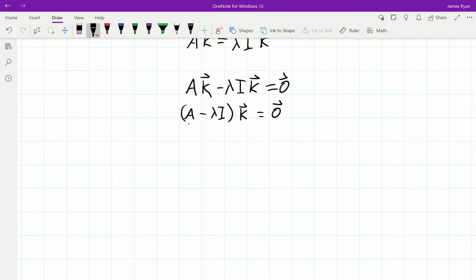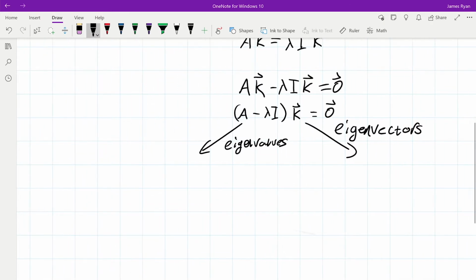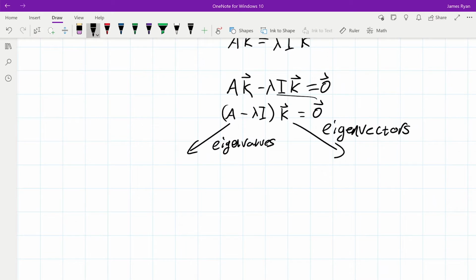And then we do two things with this. We do something with this to get the eigenvalues, lambda, and we do something else to get the eigenvectors, which are k's. And so to find the eigenvalues, if this equation is true, then the determinant of this matrix, A minus lambda I, must be 0.